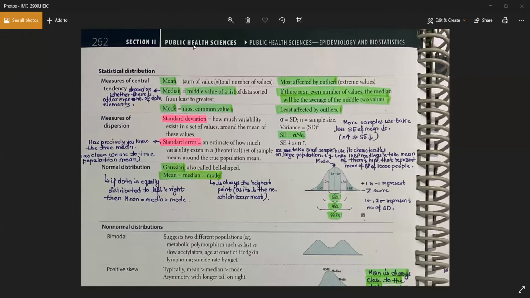Let me annotate it again for you. Let's say you have the value 10, and this 10 is repeated 70 times: 10, 10, 10, 10, 10, 10. You have a value 9, which is repeated, let's say, 20 times.